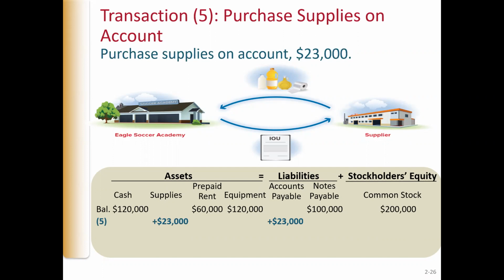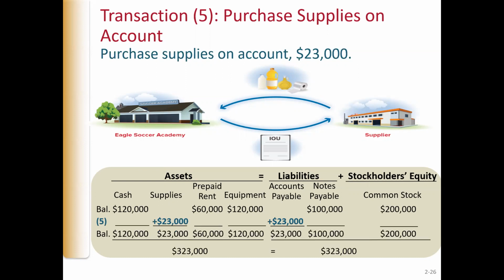No. We purchased them on account, which means we owe somebody money. That's called accounts payable. Someone provided us with these supplies, but we usually have 30 days to pay. It's a liability because we owe them money, don't we? So in this situation, our assets increased by 23,000, but didn't our liabilities increase also by 23,000?